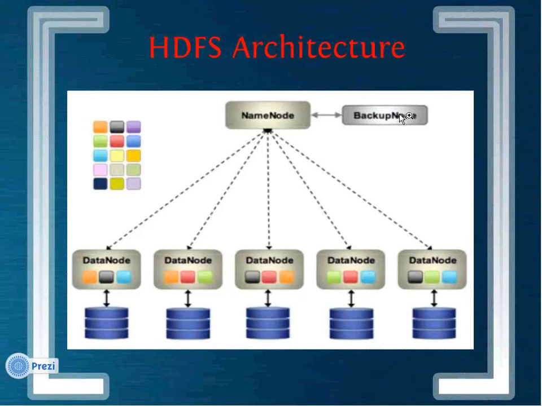Just like in school we have a vice principal, so that in case the principal is absent, there is someone to take care of things. Apart from these two machines, we have 5 data nodes, which are my 5 slave machines. These dotted arrows indicate that the name node is controlling all the data nodes.